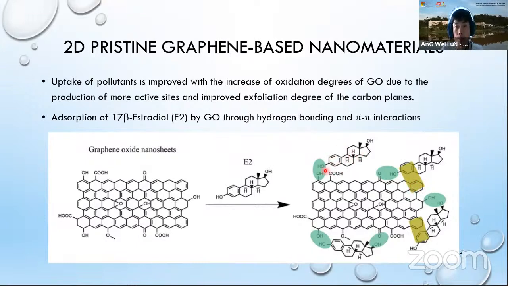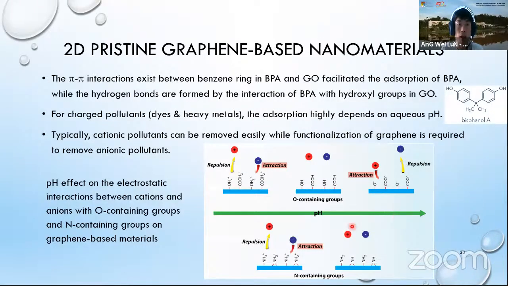So the presence of those plentiful functional groups will provide more active sites for the adsorption of pollutants. And then we have, apart from pi-pi interactions between the benzene rings, bisphenol A, another pollutant with these structures. You notice that you have the benzene ring structures. Hydrogen bonding also could be formed through the oxygen functional groups here.